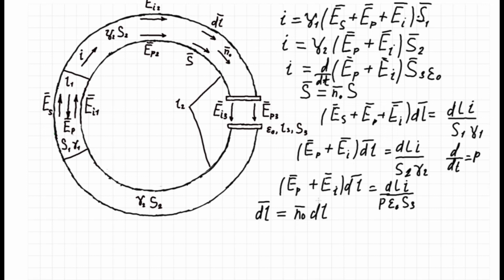The normal vector remains, times dl, and divided by vector s. If we divide it by s, we have a normal vector in these parts, and multiply by dl, we have how it happened.